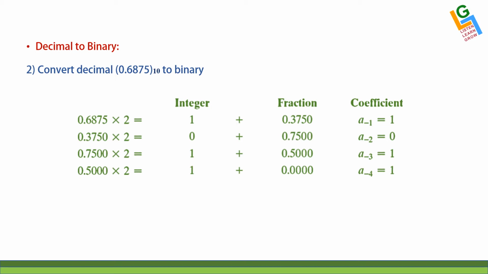The process is continued until the fraction becomes 0 or until the number of digits has sufficient accuracy. The coefficients of the binary number are obtained from the integers as follows. Therefore, the answer is obtained from the coefficients.